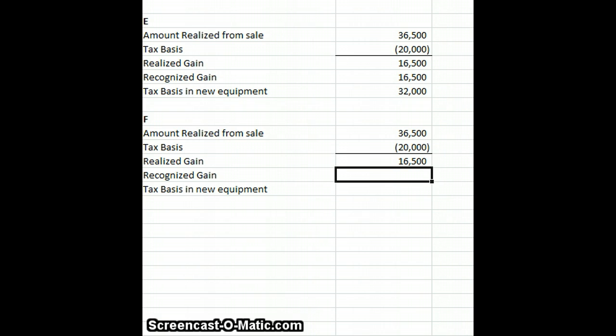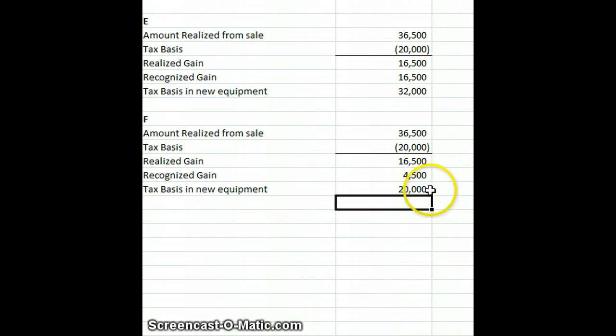Now for my recognized gain, we have to remember the rules on this: cash boot on a non-taxable exchange does trigger recognized gain for that amount of cash. So that $4,500 is going to be recognized as a gain. Then my tax basis on the new equipment is going to be $20,000, so my basis carries over.